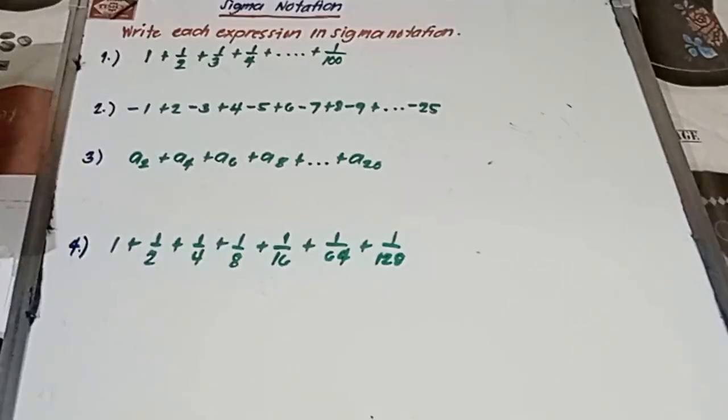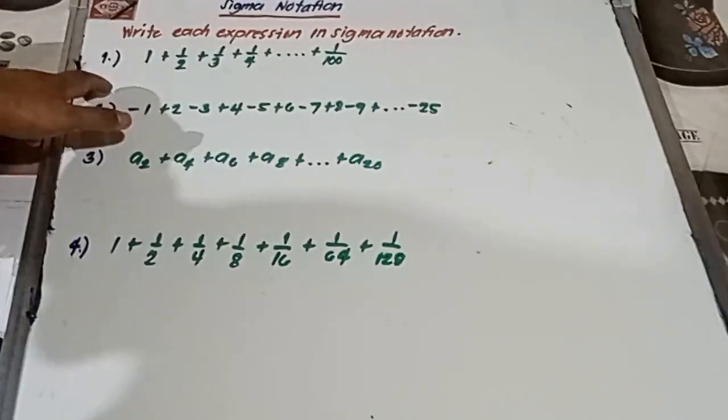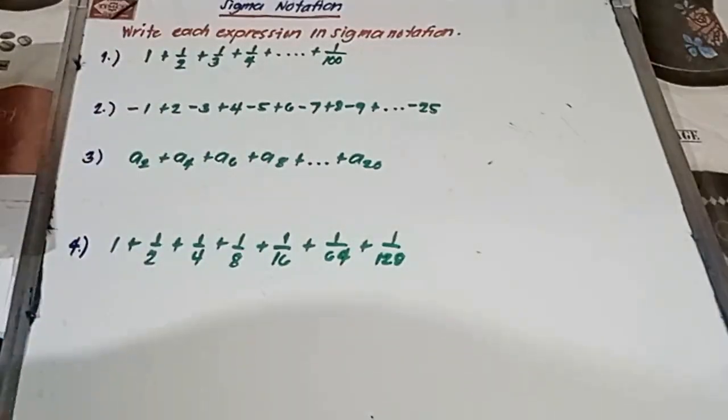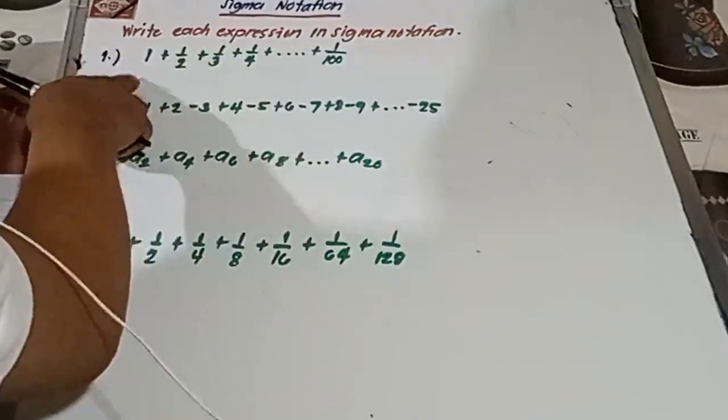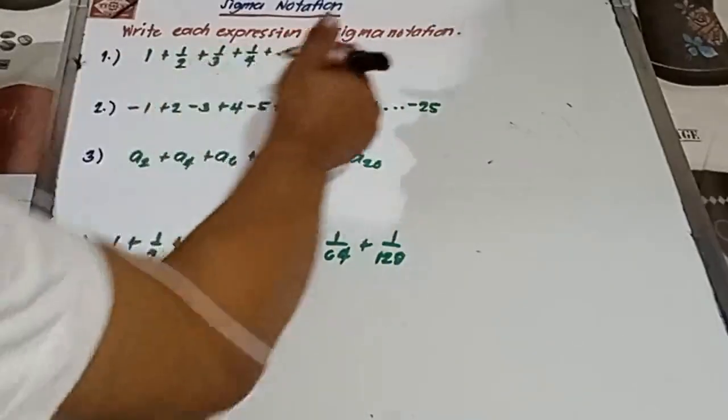We have number 1, the expression is 1 plus 1 half plus 1/3 plus 1/4 plus until it reaches 1 over 10. Okay, ilalagay natin in sigma notation form. Pag-aralan muna natin kung paano nagvavary yung ating terms. Sulat natin siya into yung 1 into this form which consists of numerator and denominator.